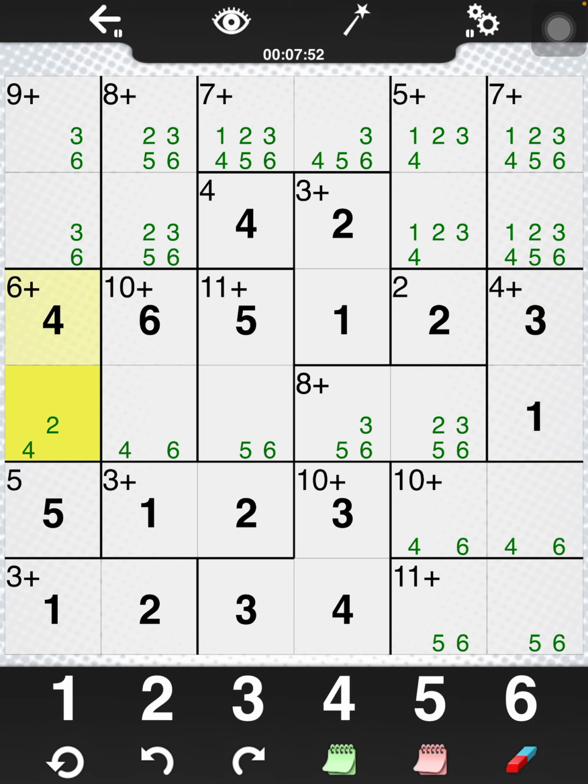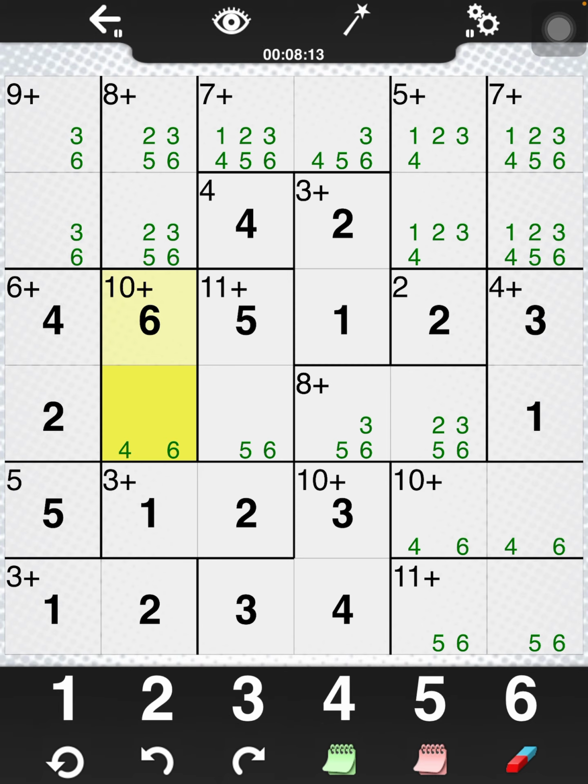Let's go to my 4th row. Here, I'm on my 4th row. 4th row, 1st column. I have a 4 here. 4 and 2 is here. 4 has been used. Only thing left is 2.